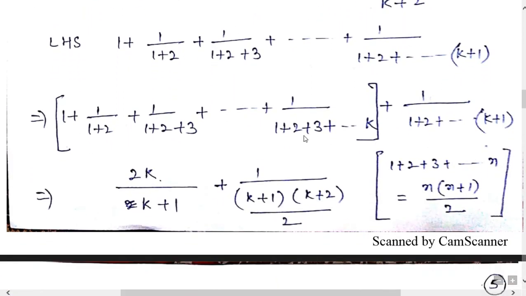And now this point is important. 1 to 3 up to so on n: the formula is basically sigma n for the series up to n, and the answer is n into n plus 1 divided by 2. It means 1 to 3 up to so on k plus 1 can be written as k plus 1 into k plus 2 divided by 2, because in place of n, k plus 1 is there.